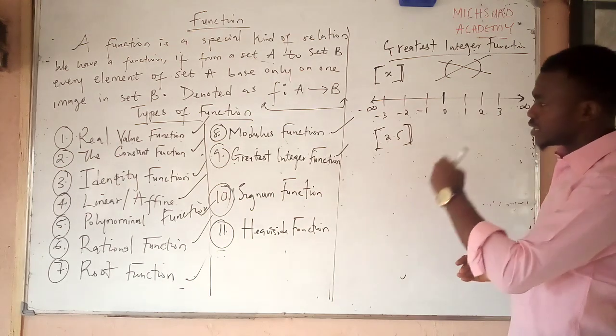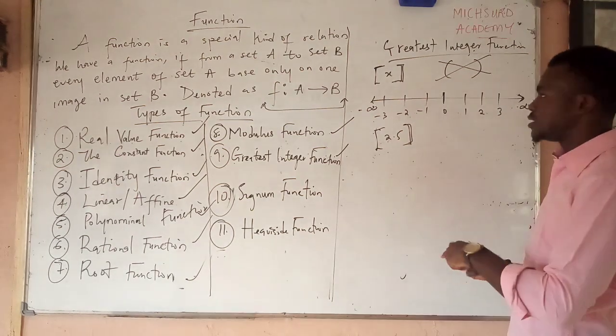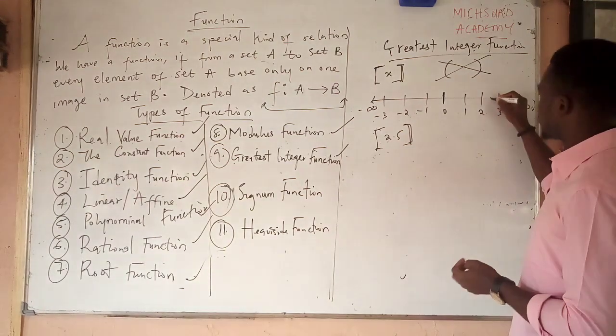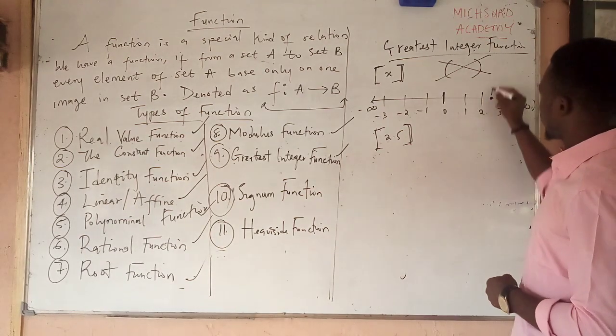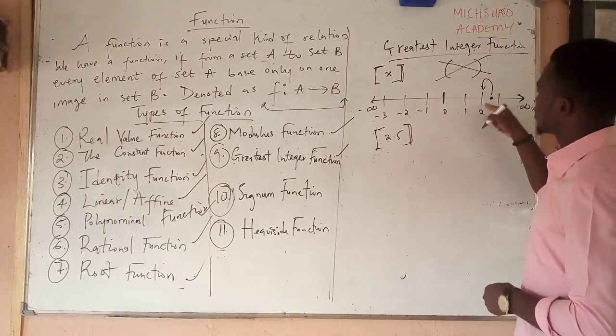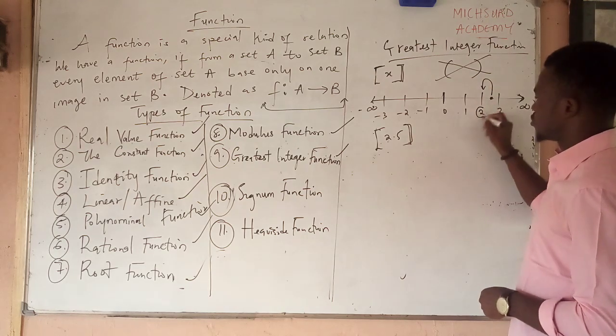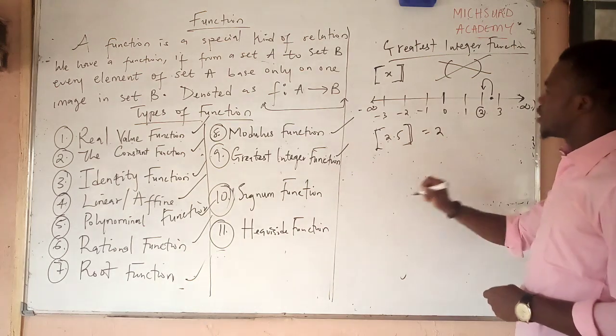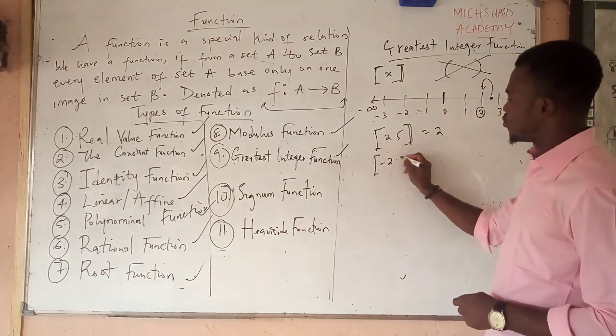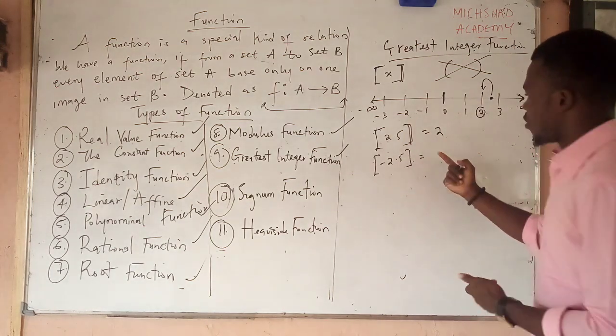That gives us the greatest integer. So if we have 2.5 somewhere here, and we move to the closest integer there, which is what? 2. So our answer is 2.